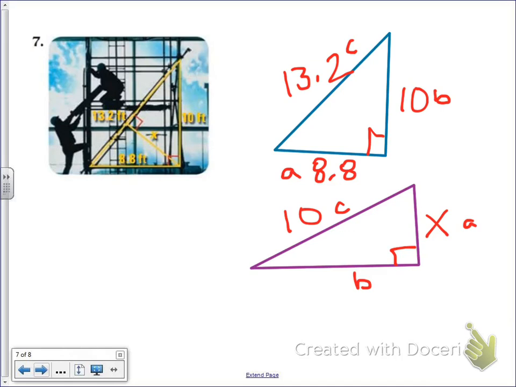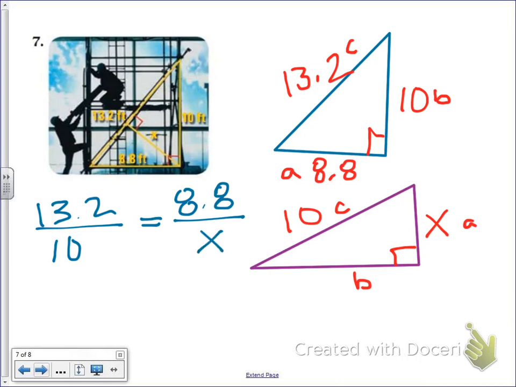But typically, what we're given are the two hypotenuses of this triangle. So let's set the two hypotenuses in a proportion. So 13.2 over 10 is equal to, so we want to include A because we want to figure out what x is. So 8.8 is the A of the big, and x is the A of the small. So that's what we need to figure out.